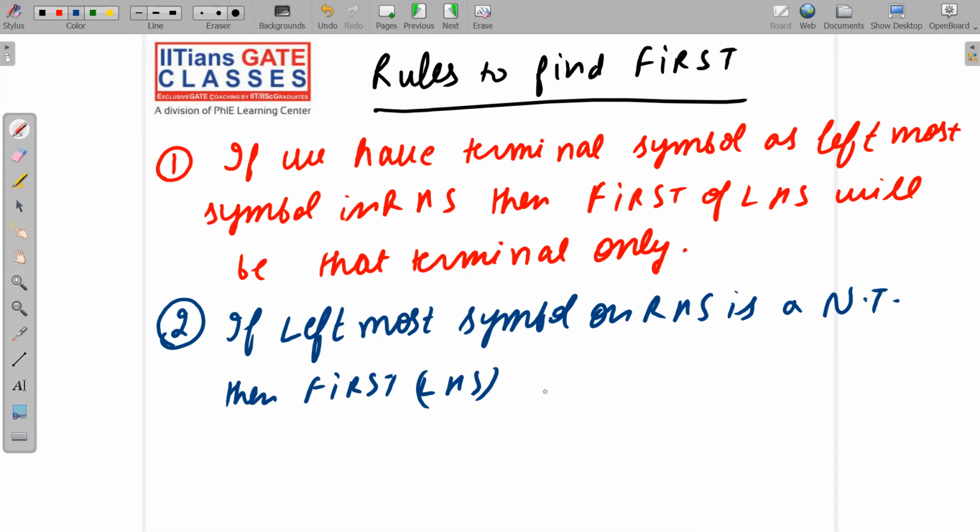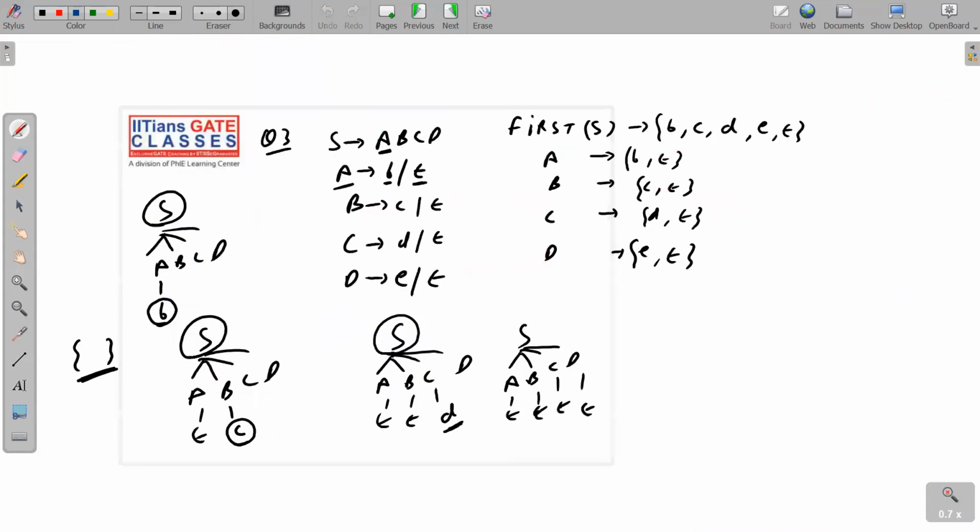First of LHS, yes, you are right, will be first of that non-terminal only. For example, see here carefully. We had S goes to A, there was no terminal here. So what we will say, first of S will be first of A, because wherever A was going, that was the first of S.